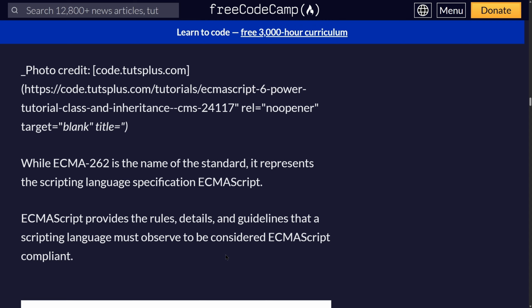All right. Now it is the browsers that implement the things which are specified in ECMAScript inside of their browser engine, or the JavaScript engine. So all of the browsers have a JavaScript engine built into them.